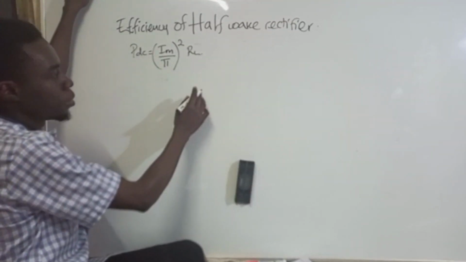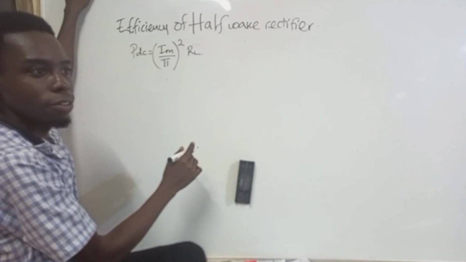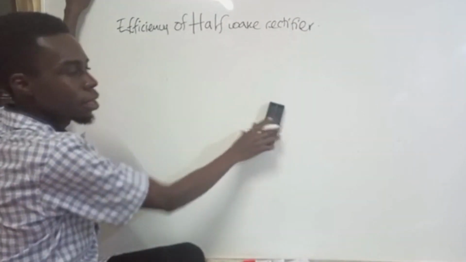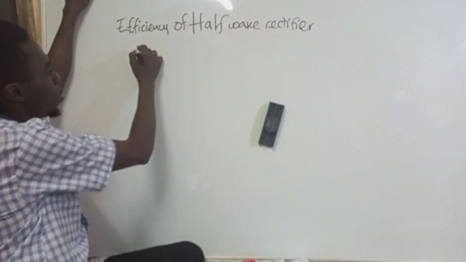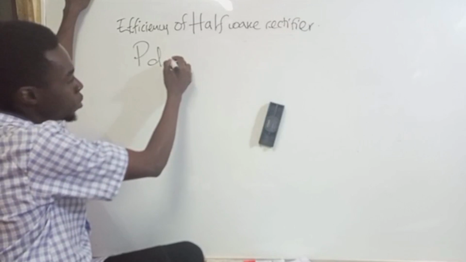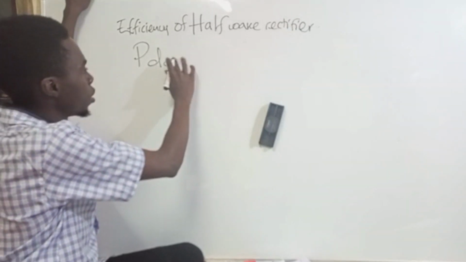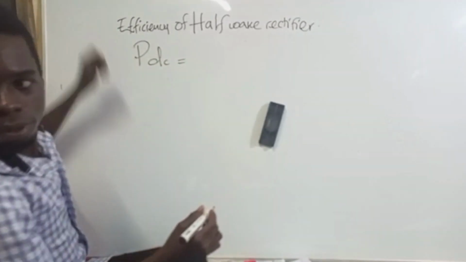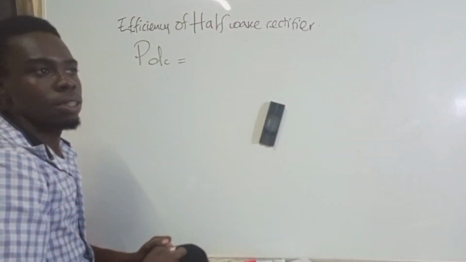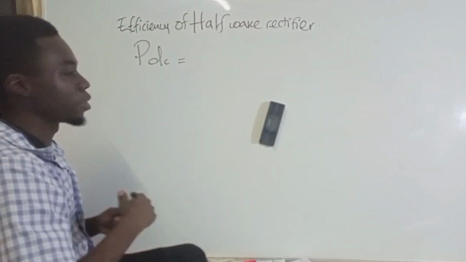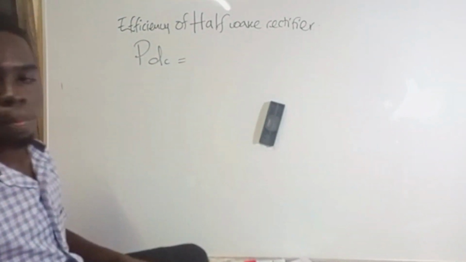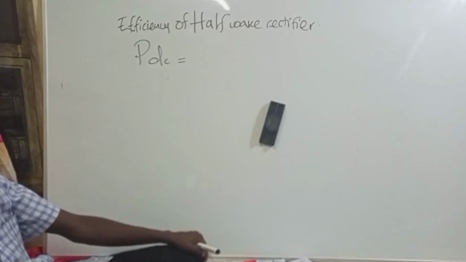But what I was simply saying is that this DC value of the power, let me try to write bigger. So from our calculation, we saw that PDC is simply going to be equal to... let me try to zoom in.